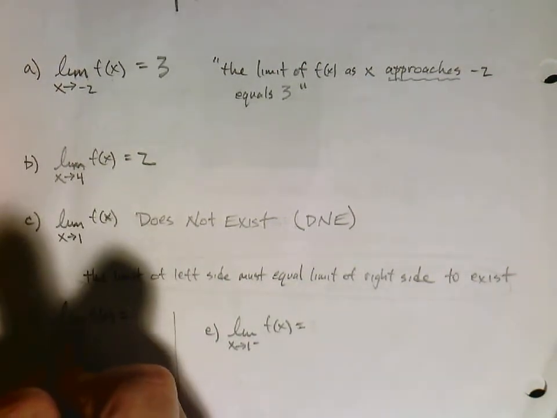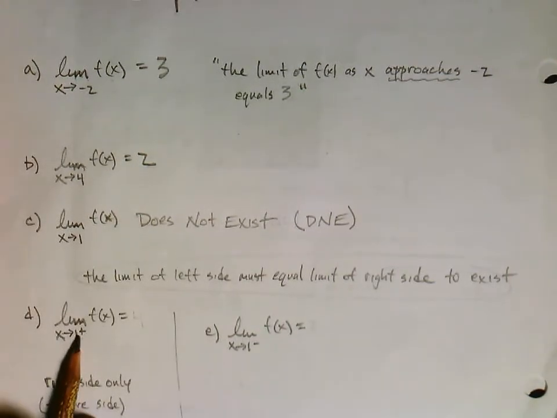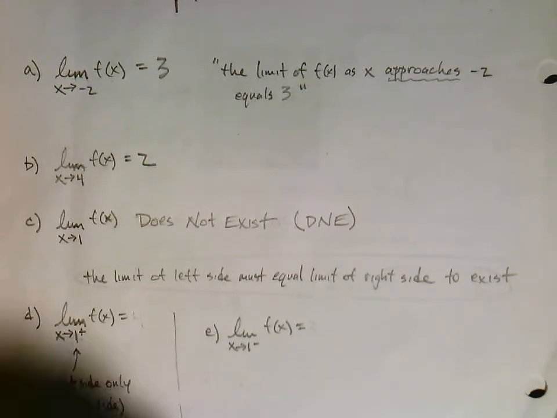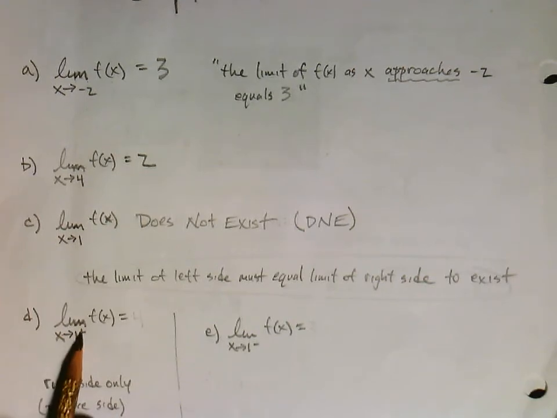I know it's written kind of small, but it's x arrow 1 with a superscript plus. That little plus sign means we're looking at the right side only. Think of the little plus as meaning the positive numbers are on the right side of the number line. So on the right side of 1, what's it approaching?